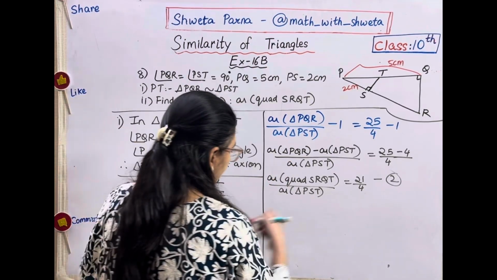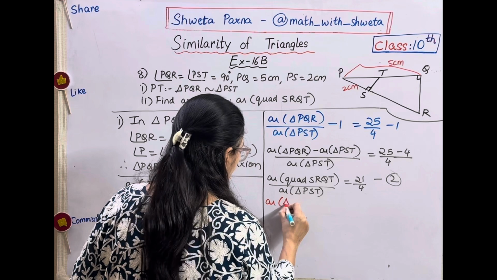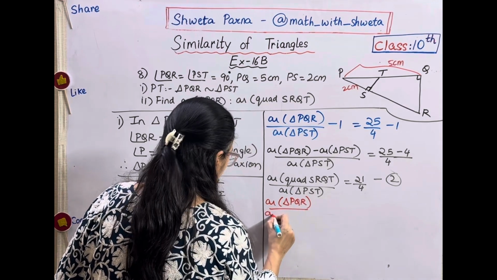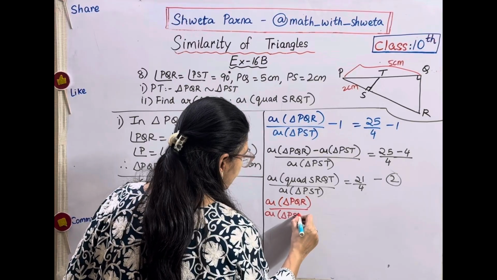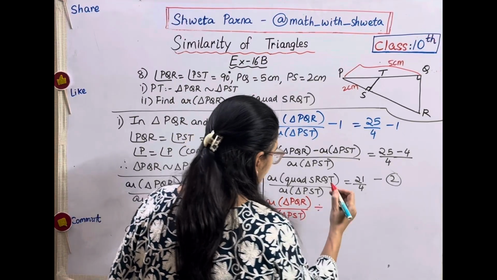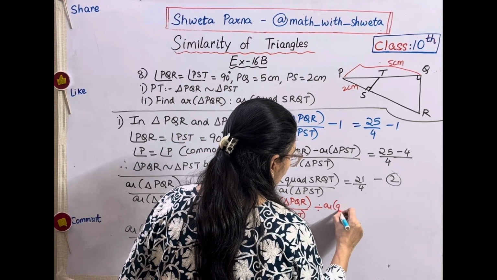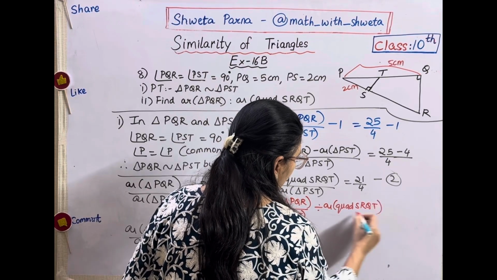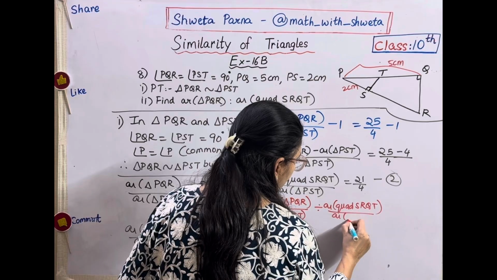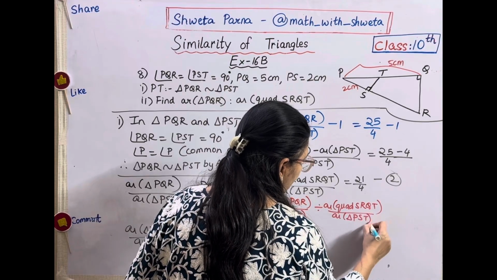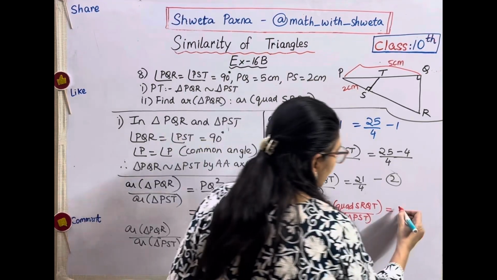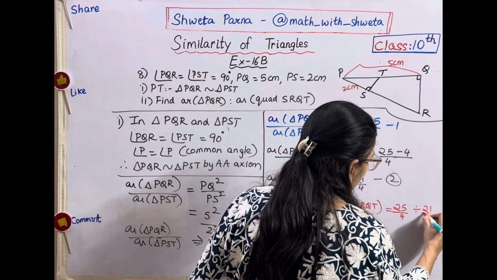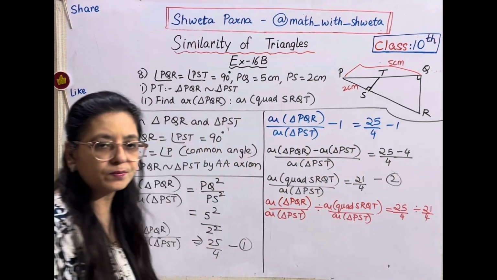See, area of triangle PQR upon area of triangle PST, when you divide it by area of quadrilateral SRQT upon area of triangle PST, which is equal to 25 upon 4 divided by 21 upon 4.